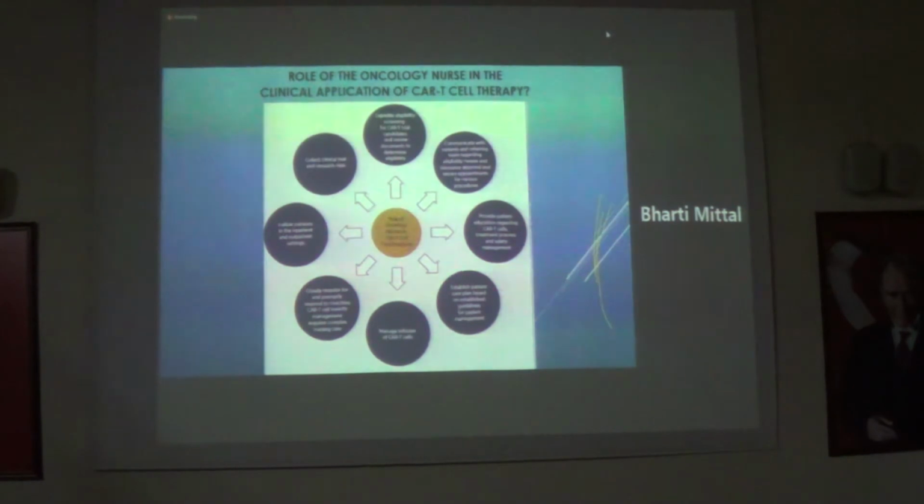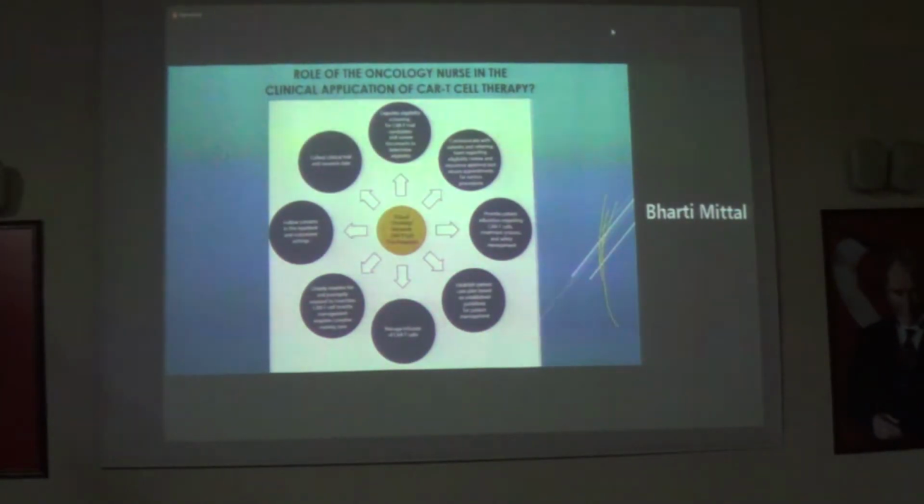All these syndromes, CRS, SLS, TLS, need to be monitored. There is a specific role for the nurses working in the clinical settings to monitor until the patient gets discharged. Here I have listed the roles and responsibilities of the clinical nurses who work very closely with the patients.